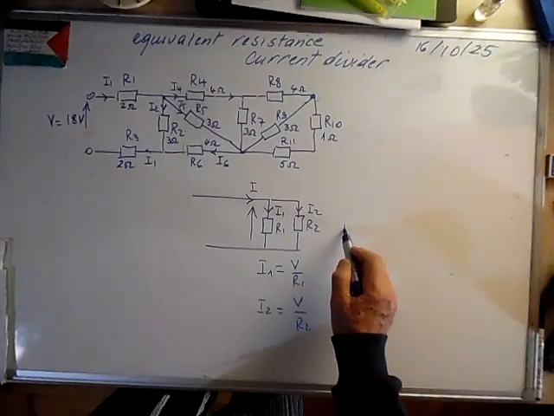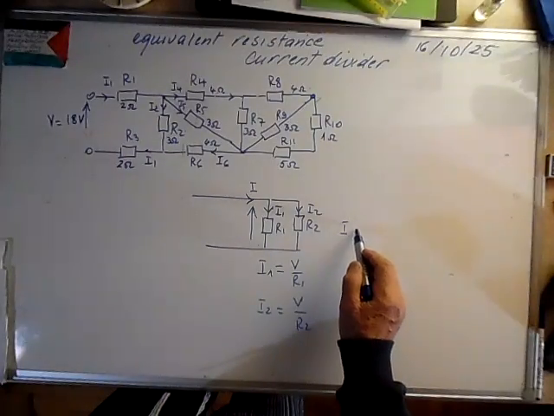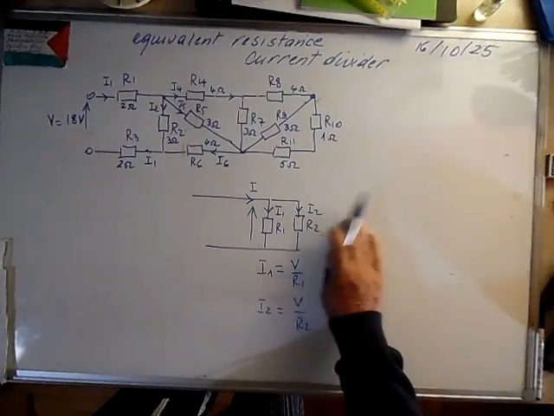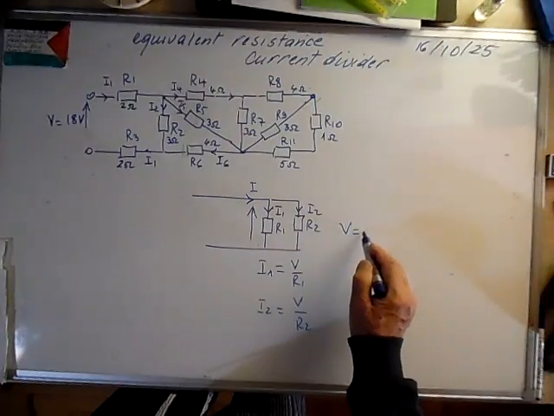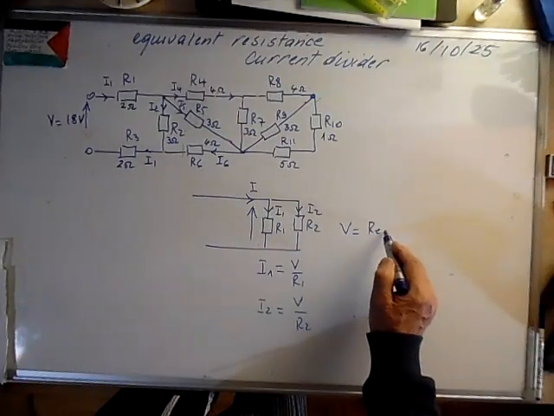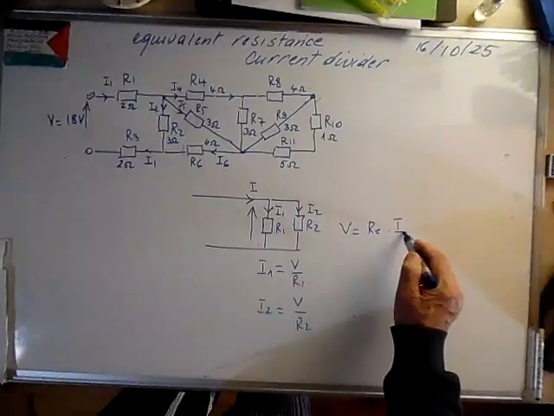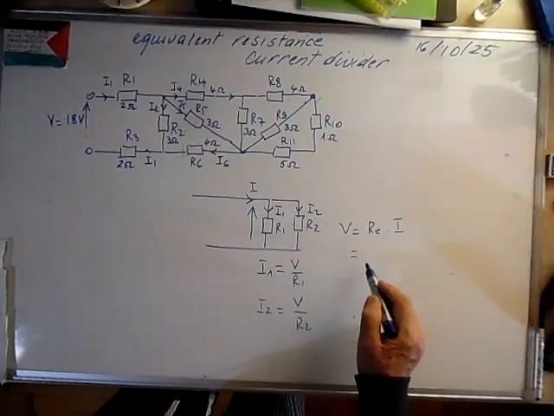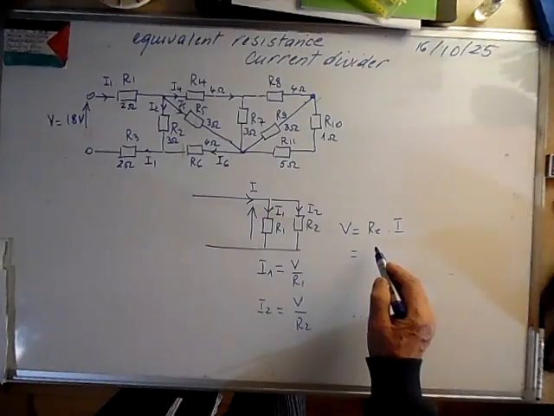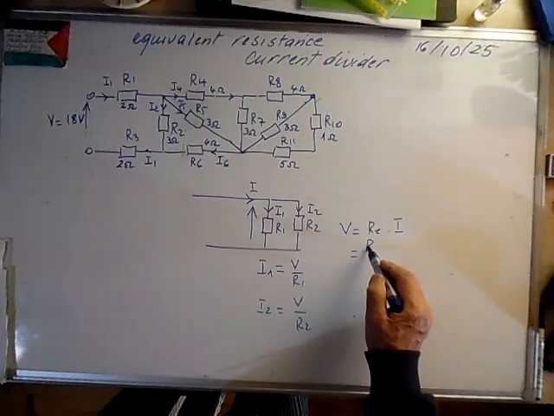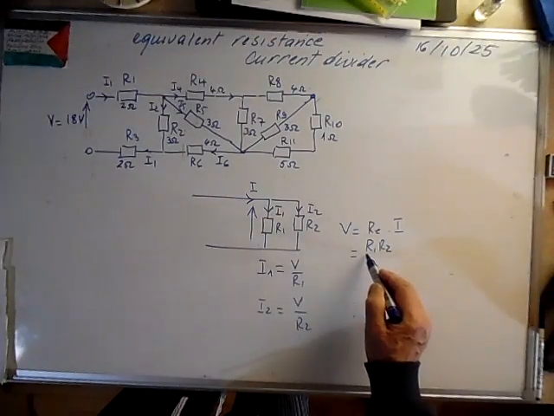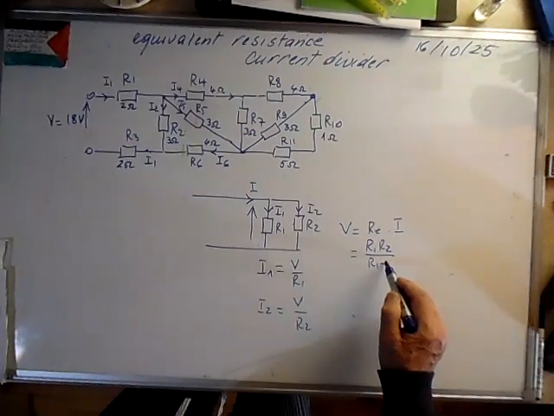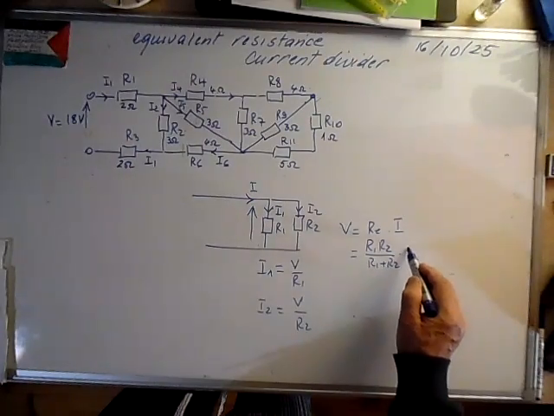We know that the voltage is equal to the equivalent resistance multiplied by the main current. The equivalent resistance of two resistors in parallel is R1 R2 divided by R1 plus R2, times I.